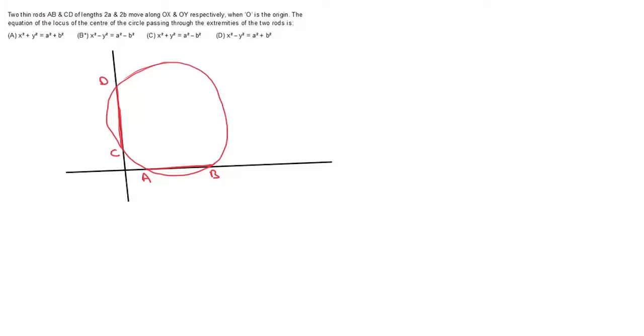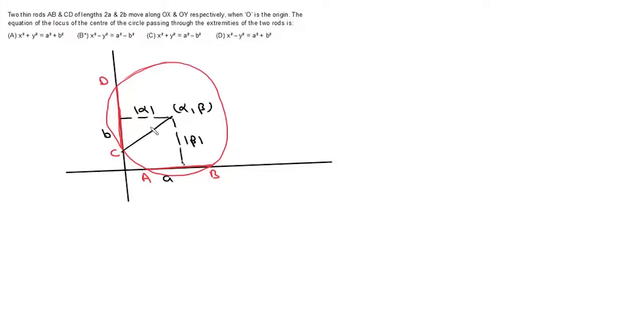Now we find locus of center of this circle. Suppose center is at (alpha, beta). Now this distance is mod beta and this distance is mod alpha. Now this length is b and this length is a.